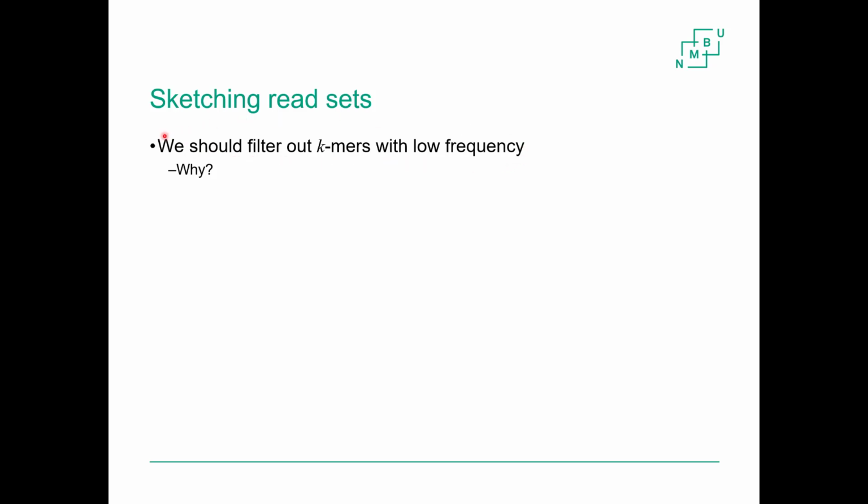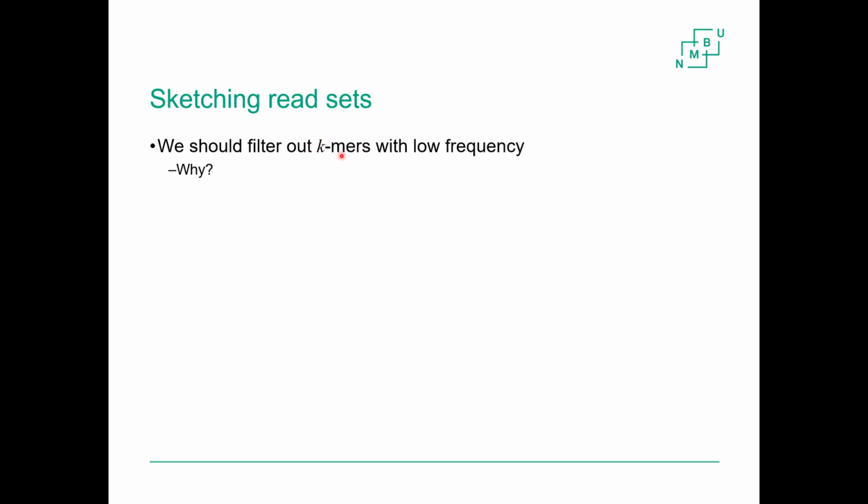And what we need to do when we consider reads instead of a genome is filter out k-mers with low frequency, and we know why, right? If you go back to module number 3, you will see we talked about this there, because k-mers should appear around k-mer coverage number of times.